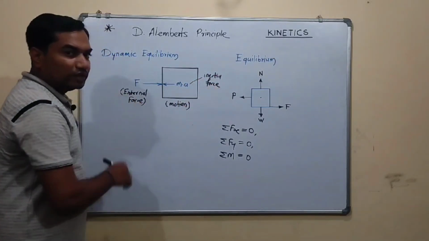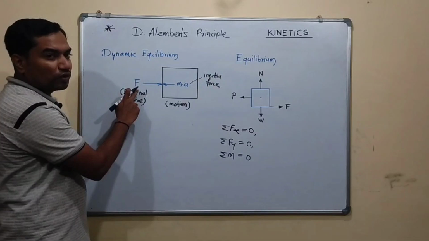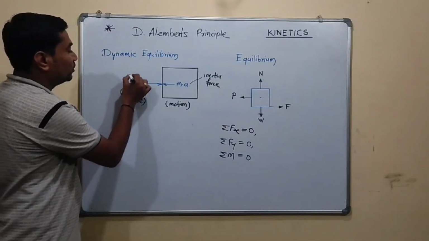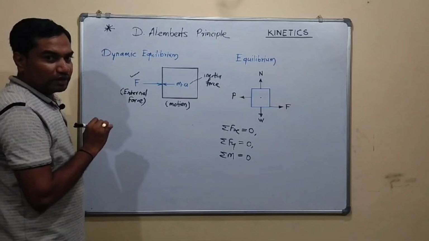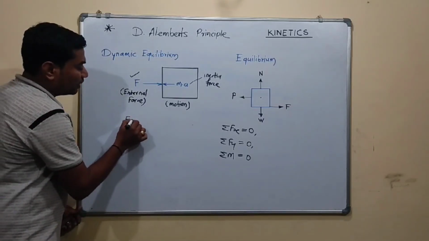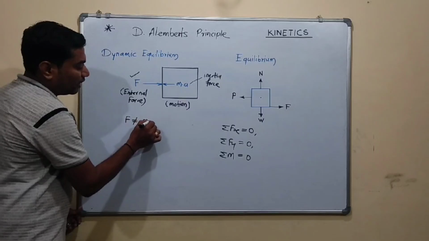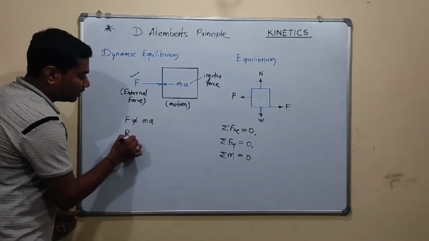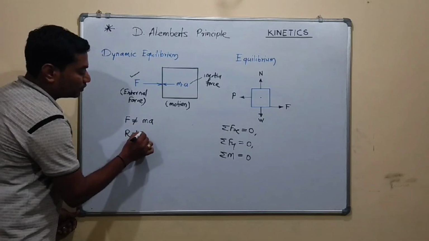Here the external force acting on the body in the horizontal direction is only the pull force. So here F is not equal to ma, and therefore the resultant is not equal to 0.